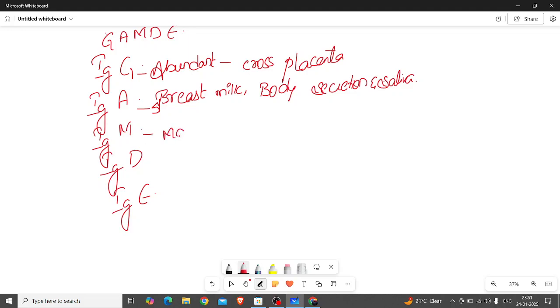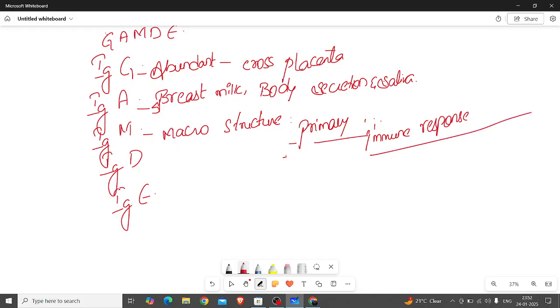IgM is also known as the macrostructure, because when comparing all these immunoglobulins like IgG, IgA, IgD, IgM is the macrostructure. It is a megastructure. It mainly helps in showing the primary immune response. This IgM plays a major role in the primary immune response.